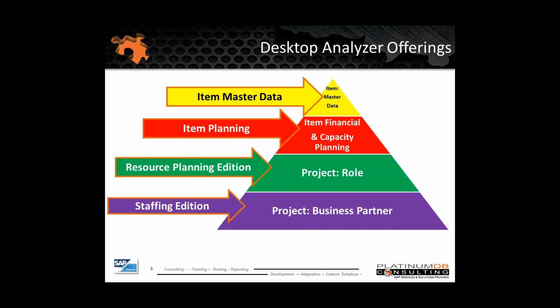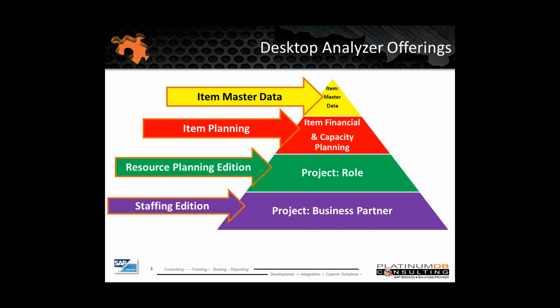Okay. So with that, these are the 4 main components of the tool set. There's an item master data version for updating master data for one or more projects, item planning for doing portfolio level planning, budgeting, and the same thing for establishing high-level rough cut capacity planning, and then taking a deeper dive into resource planning, which means at the project level, in the C project layer, and doing role planning.